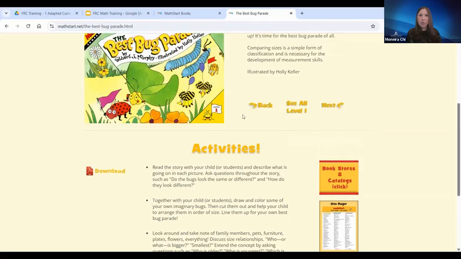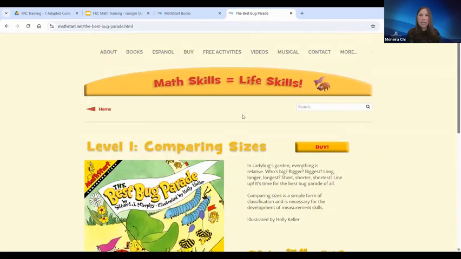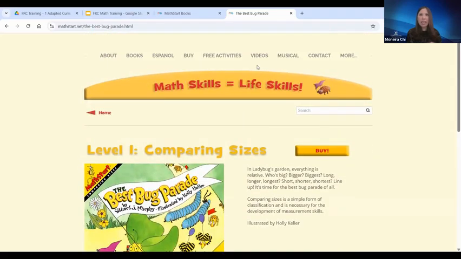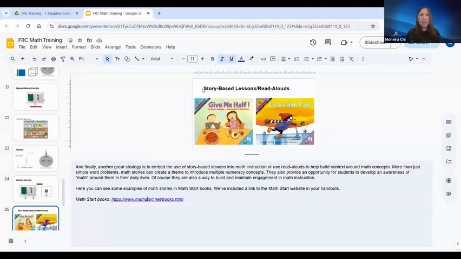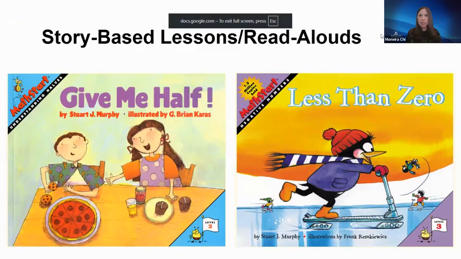So it's a really great way, especially for any children who are very into story time and read-alouds, to engage your students in those math concepts from an early age. All right, so you do have a link to that website in your handouts.